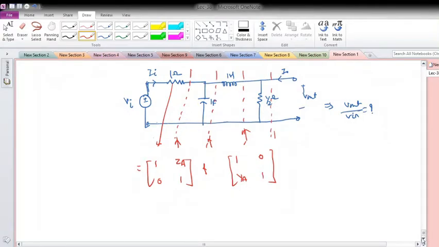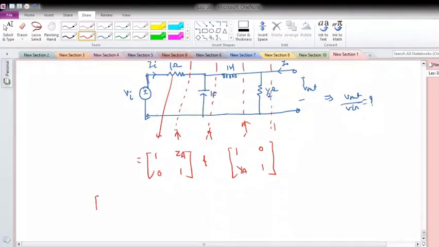Okay, so let us calculate the ABCD parameters quickly.